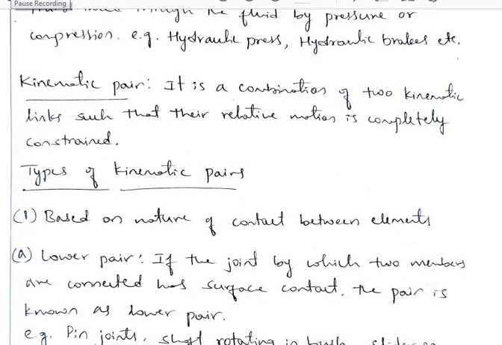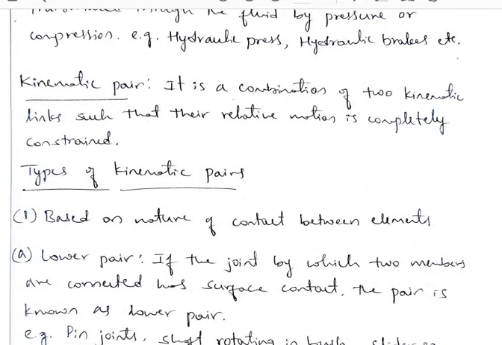Next, we will see the kinematic pair. So, what is this kinematic pair? It is a combination of two kinematic links. Okay, in the previous part we studied about the links. Now, a kinematic pair is a combination of two kinematic links such that their relative motion is completely constrained.